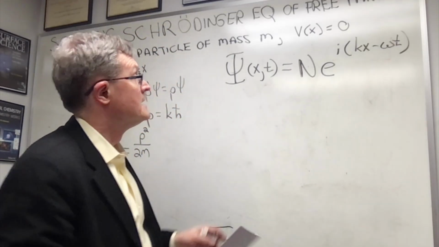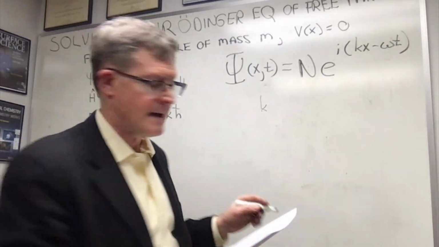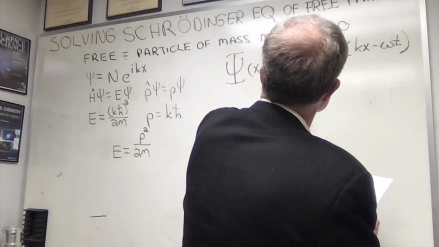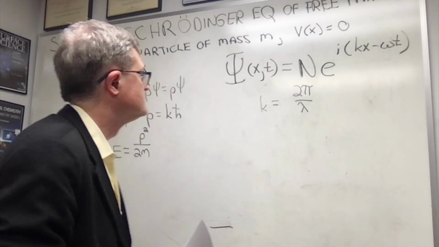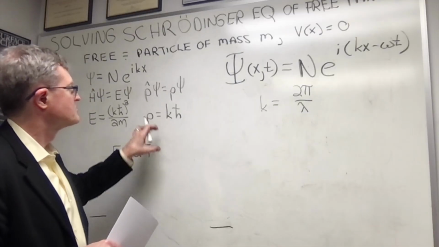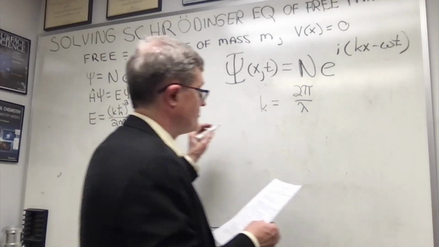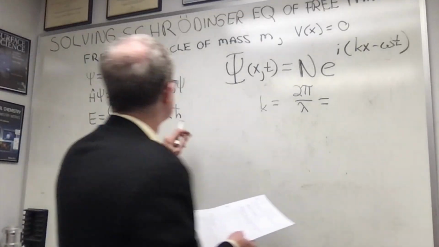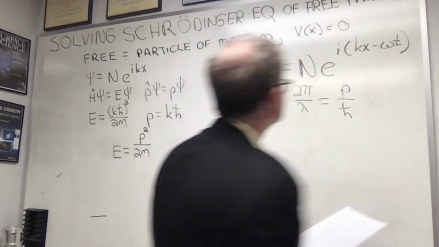Now, classically, k, this wave vector, its absolute value actually, would be equal to 2 pi over lambda, the wavelength of our wave. But here we've also derived another expression for k, that k is related to the linear momentum: solving from here, k is equal to p over ħ.